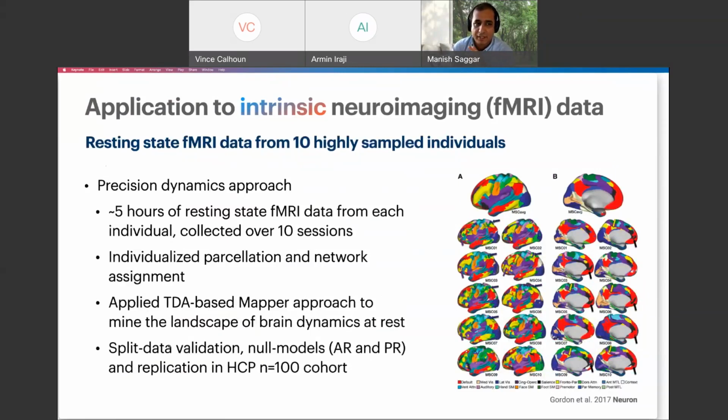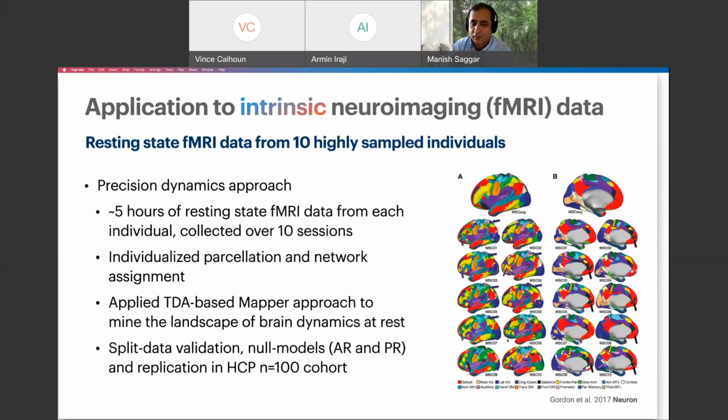So we had roughly 5 hours of resting state data from each participant, collected over 10 sessions. Another cool thing about this data set is the parcellation is individualized, meaning for each person, these parcels were defined for that person, and it's shown in their previous paper. These parcellations change across subjects, so you can't really just use a group average parcellation because there are sometimes large differences in these parcels.